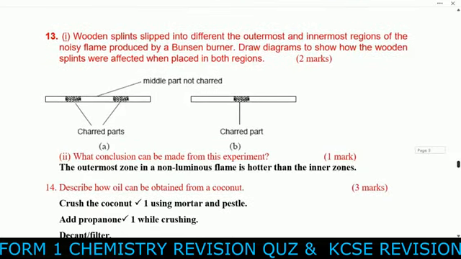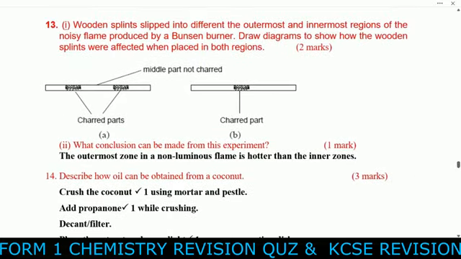We go to question number 13. You are told a wooden splint is slipped into the outermost and the innermost regions of the non-luminous flame produced by a Bunsen burner. Draw a diagram to show how the wooden splints were affected when placed in both regions.